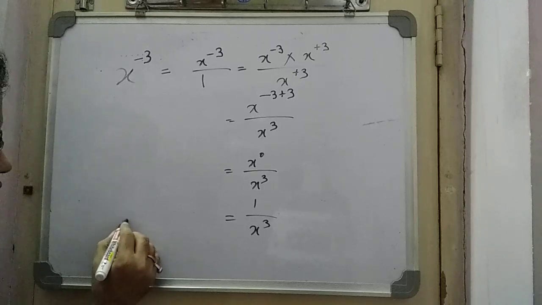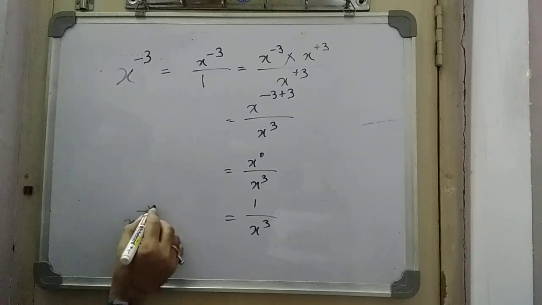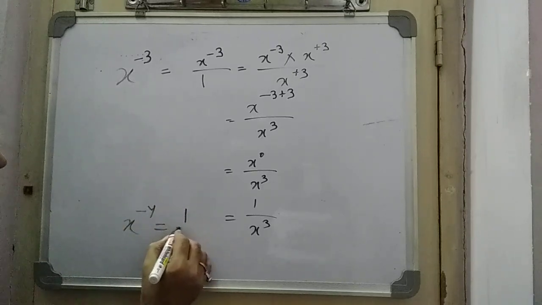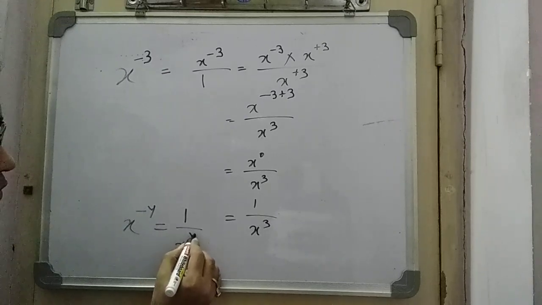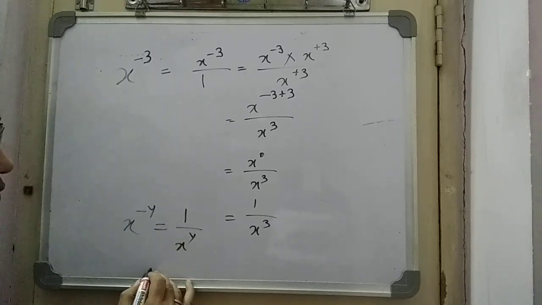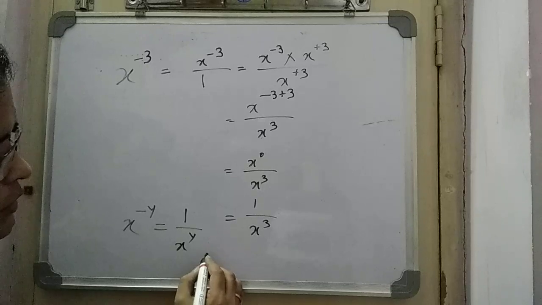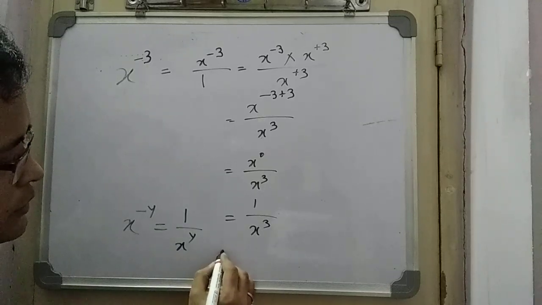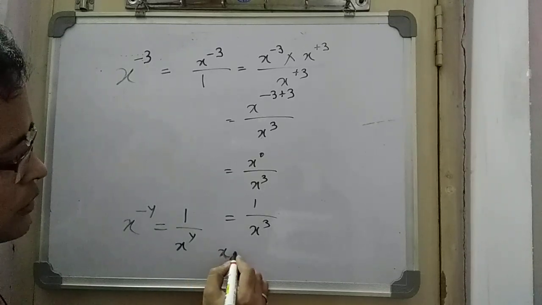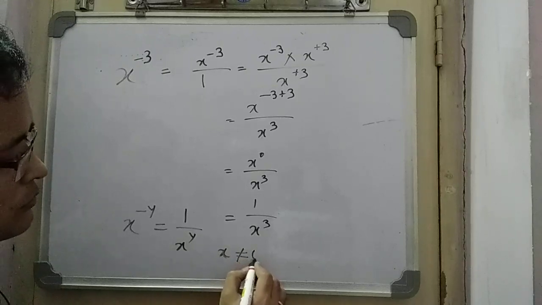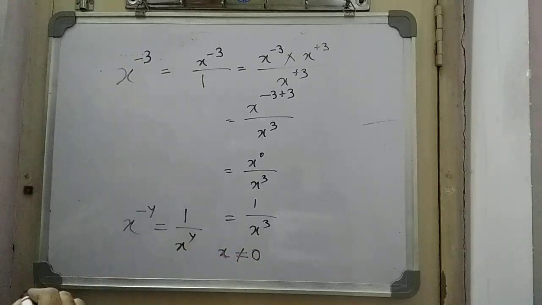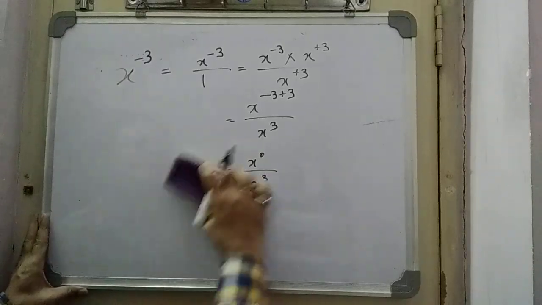So in general we can write x to the power minus y as 1 by x to the power y, where x is not equal to 0. Okay, so we'll proceed further.